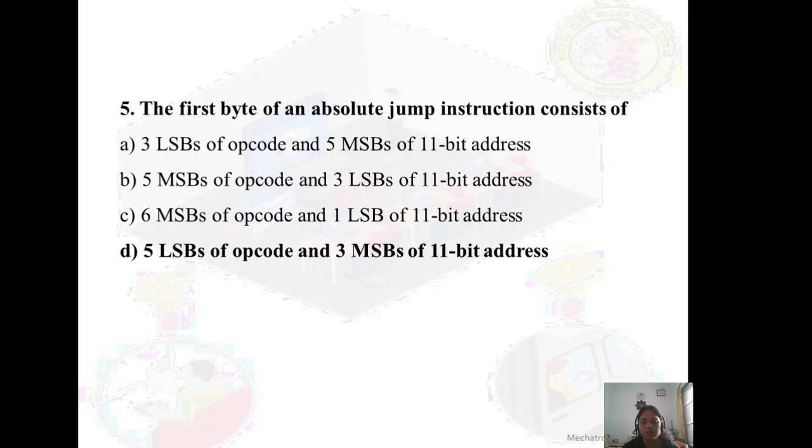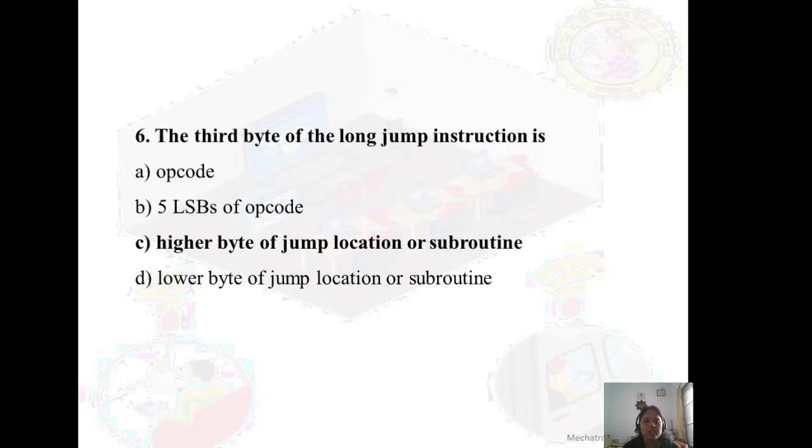Okay, the third byte of the long jump instruction is: opcode, 5 LSBs of the opcode, higher byte of jump location or subroutine, or lower byte of jump location of subroutine? The third byte of the long jump will have the lower byte of the jump location or subroutine.